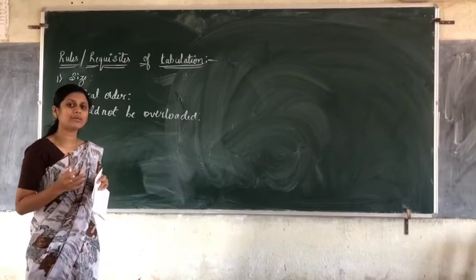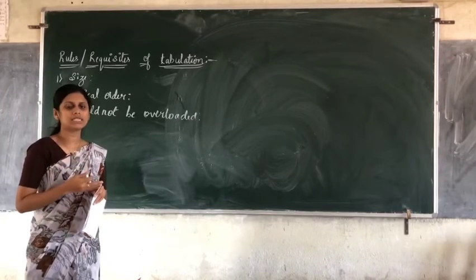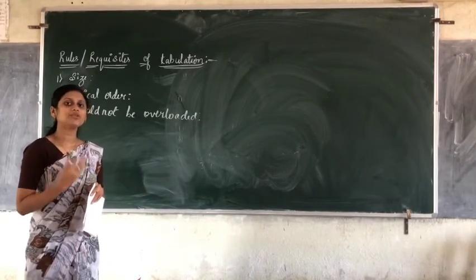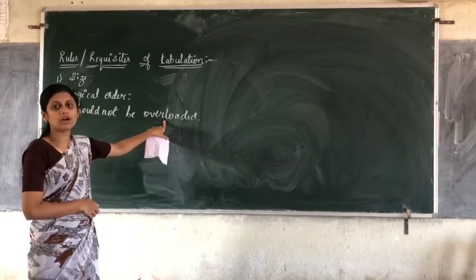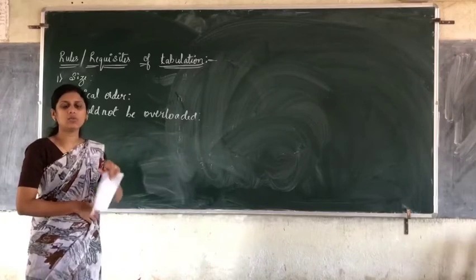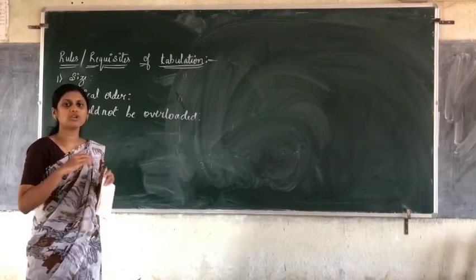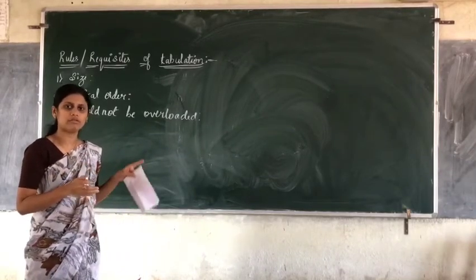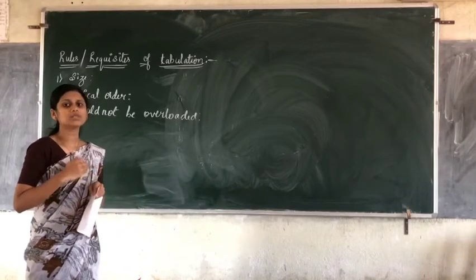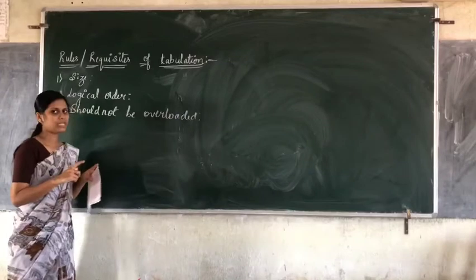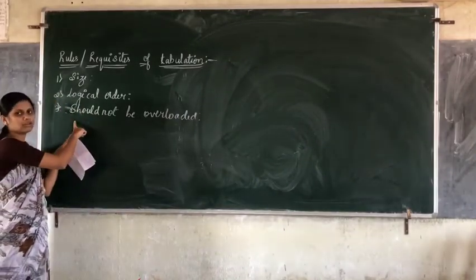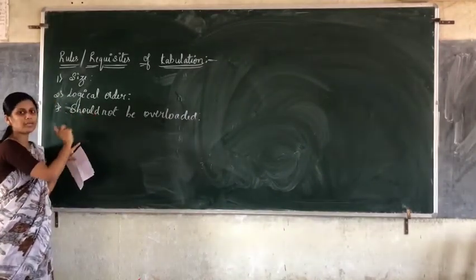But it should not be that everything is inserted in a single table, which may cause the table to be overloaded. Because of that, we can't easily understand what is presented in the table. So in order to avoid the confusion caused by overloading, you can prepare more than one table instead of drawing one single table. So the table should not be overloaded.